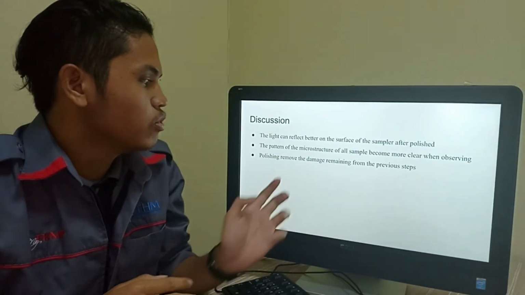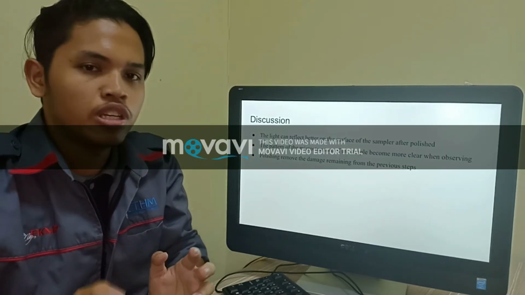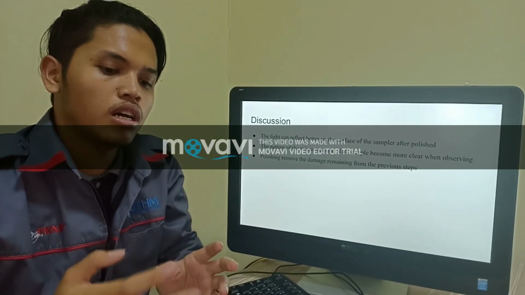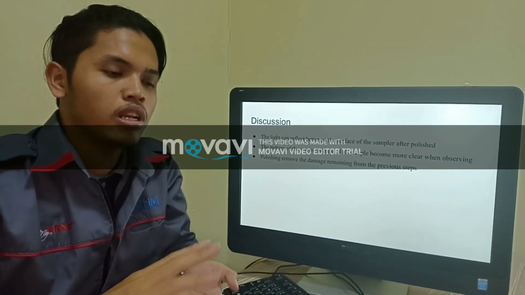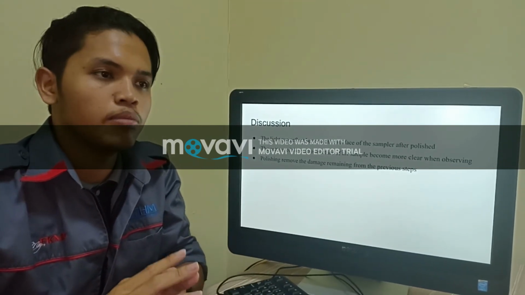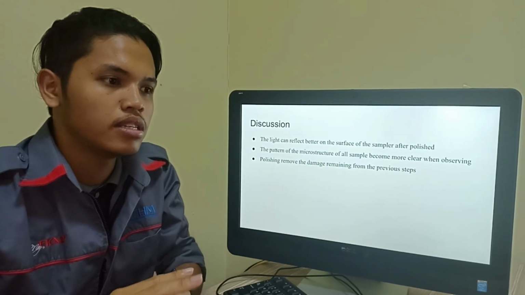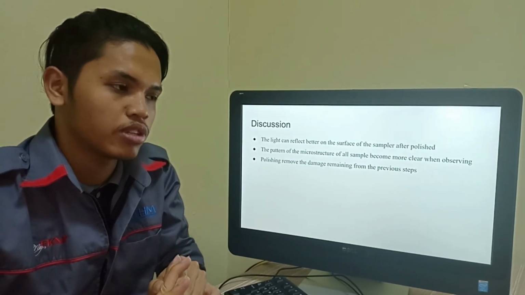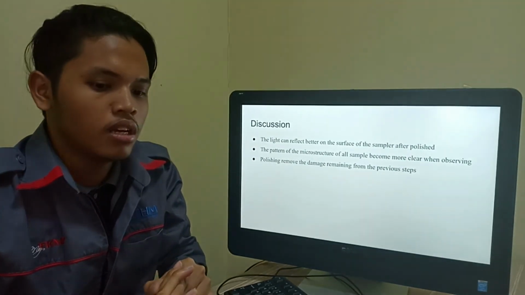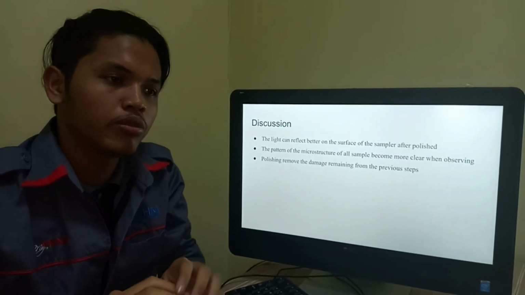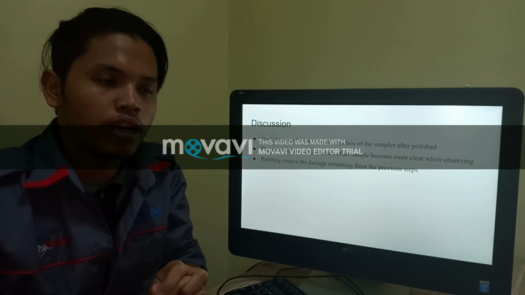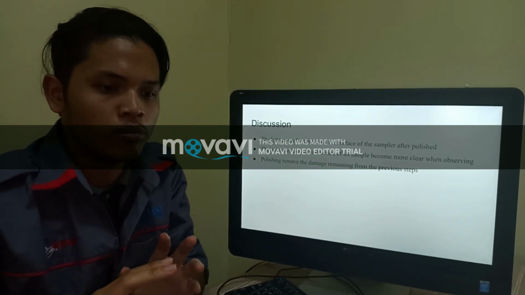Polishing removes the damage remaining from the previous step, that is grinding or whatever we did before that. So polishing will clean up the sample and make the microstructure easier to view. And also the fourth one, we see that if the grinding is too long, it will affect the microstructure, which will become darker.